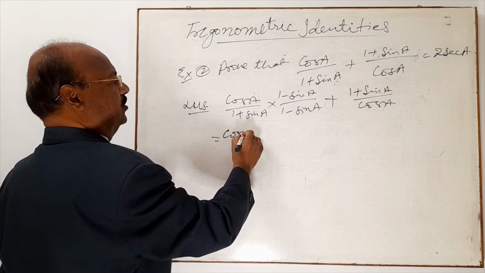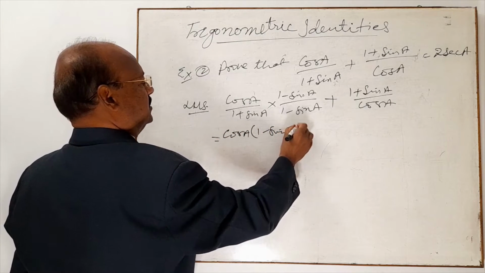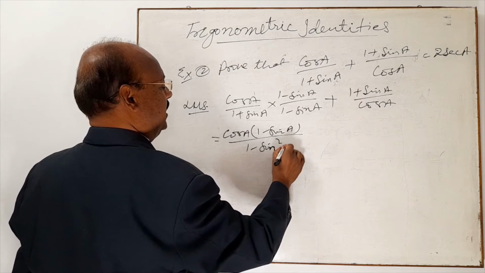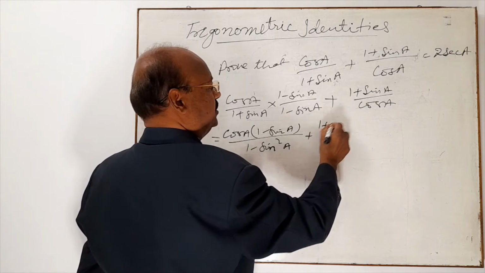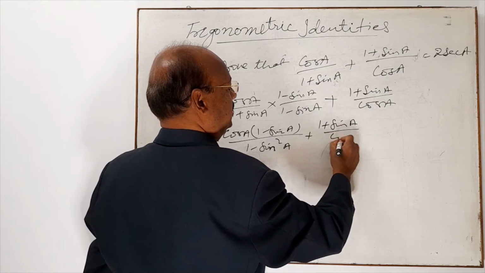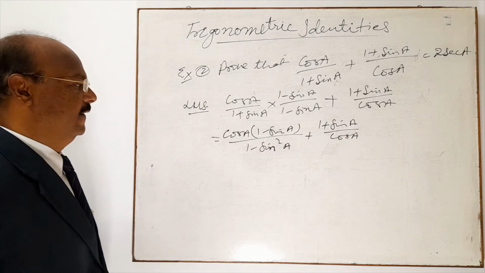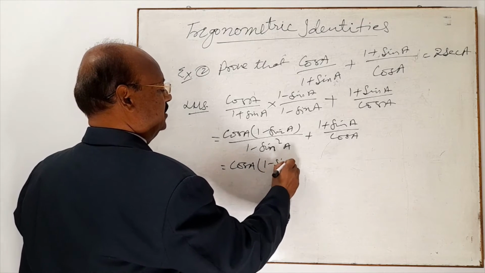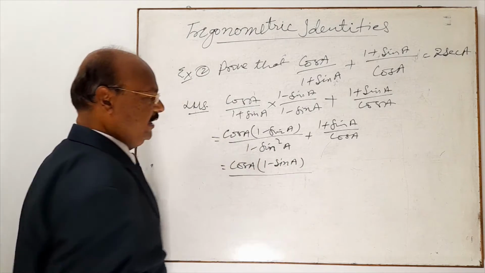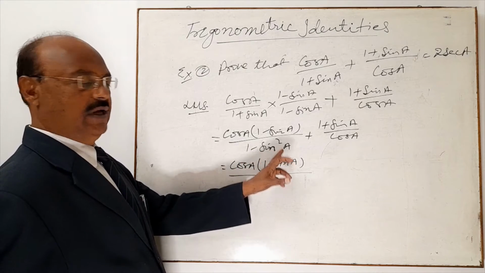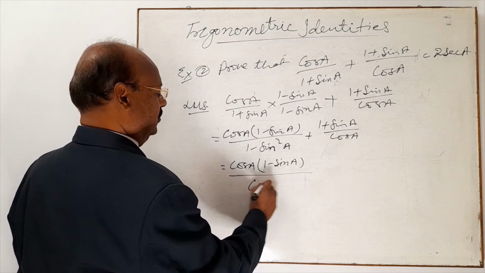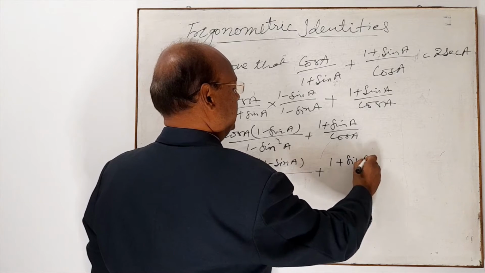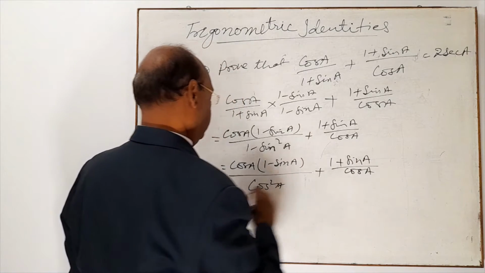We are getting cos A, 1 minus sin A divided by 1 minus sin square A. And the second term is 1 plus sin A by cos A. Next step, cos A into 1 minus sin A divided by 1 minus sin square A. Just as we have seen in the first formula, this will be cos square A. And another term is 1 plus sin A divided by cos A.